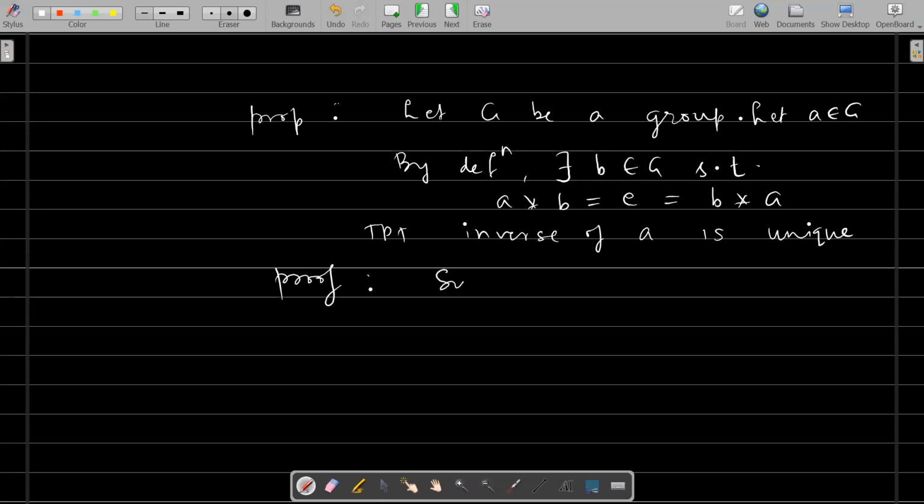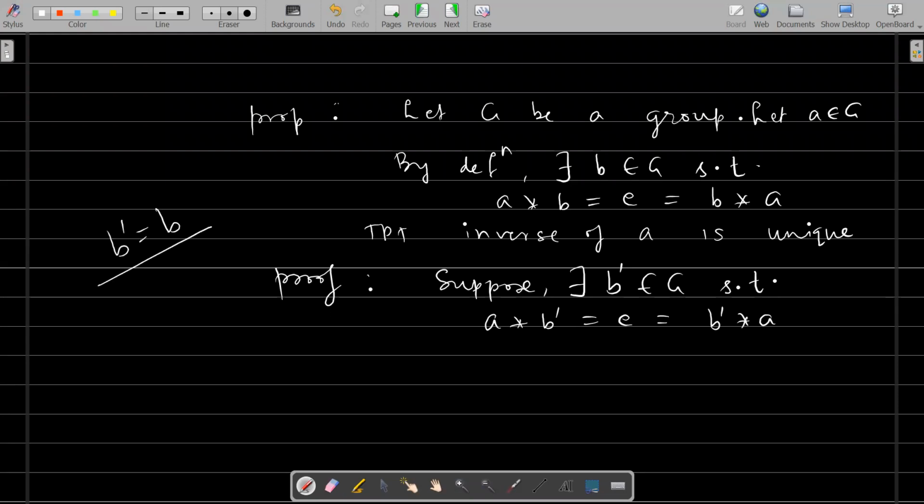Suppose there exists some element B dash in G such that A star B dash is equal to E, which is equal to B dash star A. We want to show that B dash is the same as B.